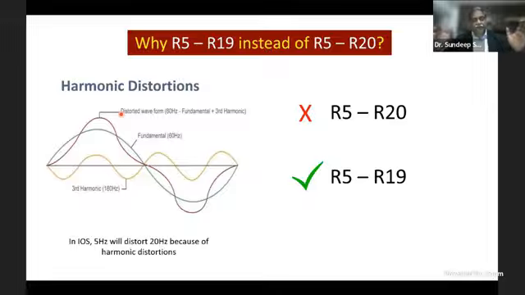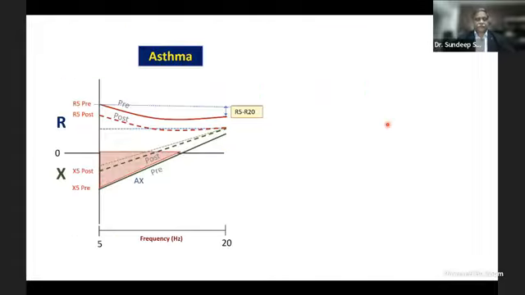There will be distortions at 20 Hz and you'll get wrong values. So you use prime numbers, which cannot be divided, so there will be no harmonics. R5 is a prime number, 19 is a prime number, and therefore you will get a cleaner signal about the small airways if you use R5 minus R19. Although this is the correct parameter to be used for interpretation, for the sake of simplicity, I will use R5 minus R20 for my subsequent slides.